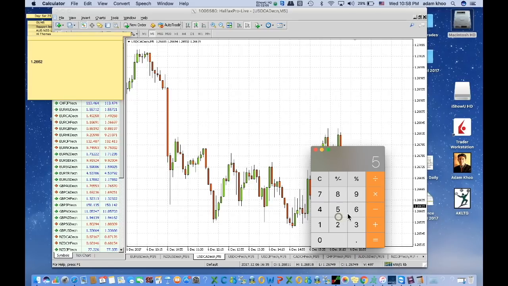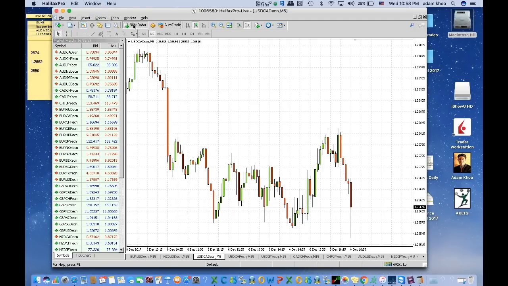So 1.2662 plus 12 pips, my buy order will be 1.2674, and my sell order will be 12 pips below that. So 1.2662 minus 12, 1.2650. There we go. Okay, great.